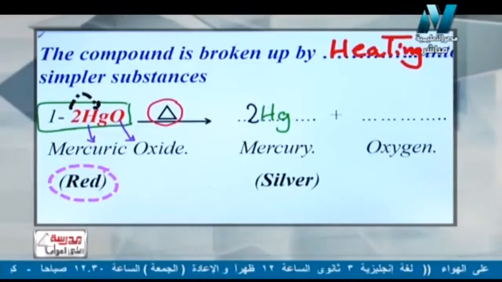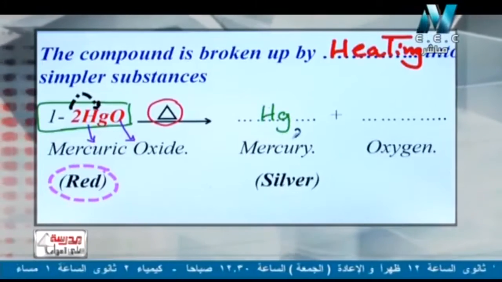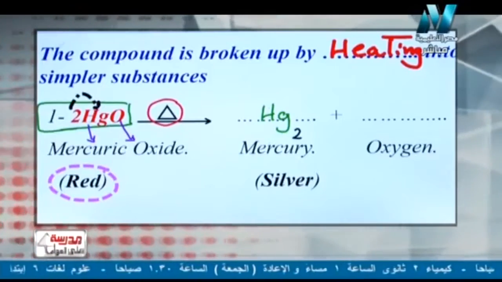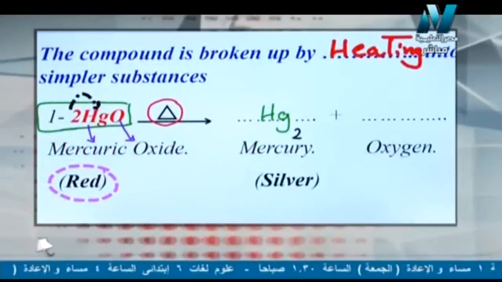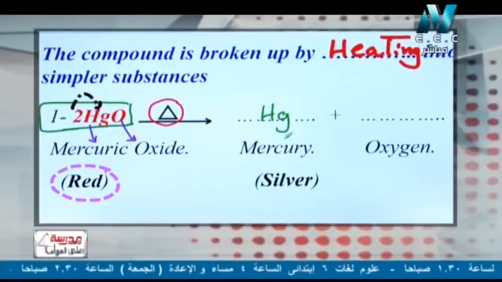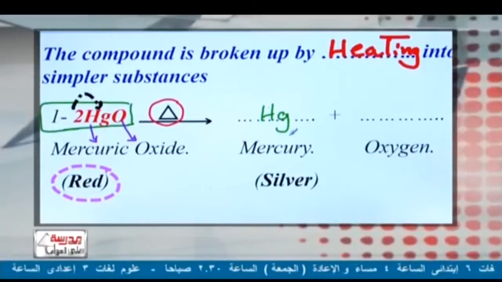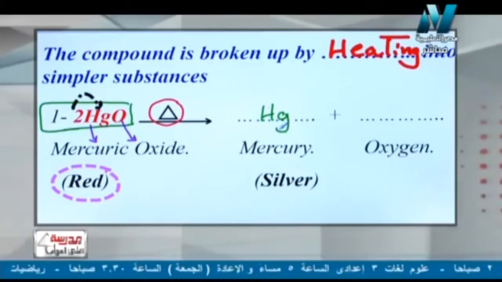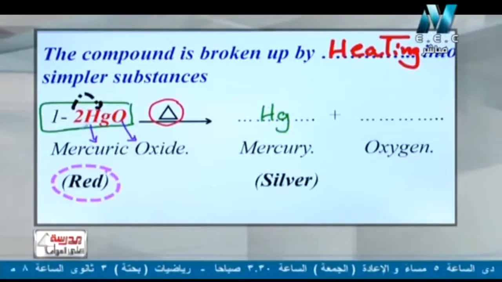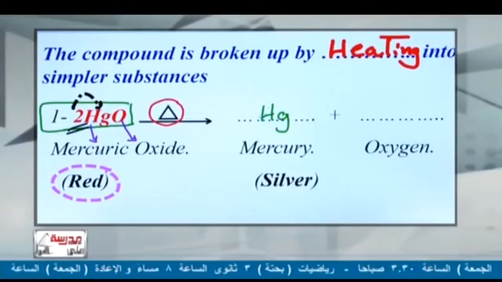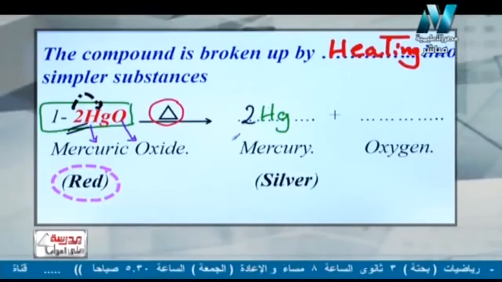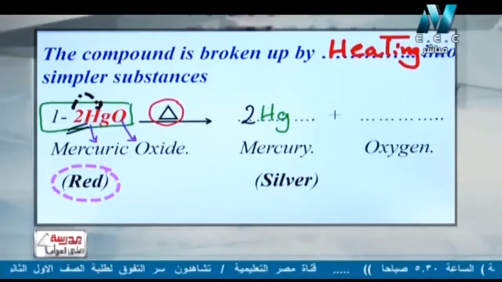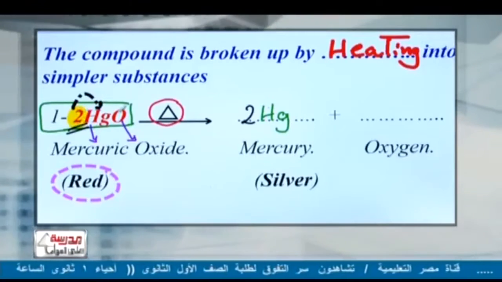Why not write it like that? 2Hg, not Hg2, because we studied before that mercury is a metal, and any metal is monoatomic. Mono means one, so we have Hg, but here we have two atoms, so 2Hg. At the same time, how many oxygen do we have here? We have 2 oxygen.